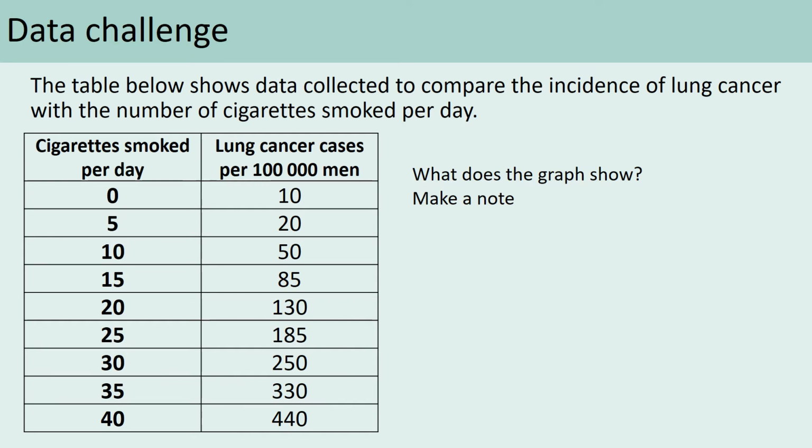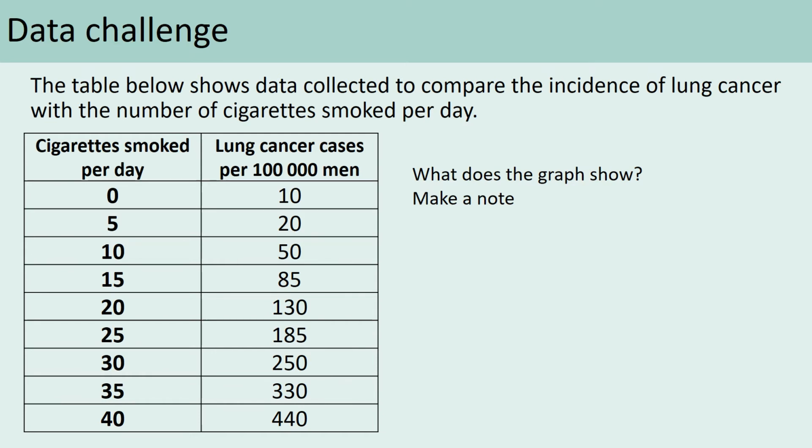Now, I asked you whether you think this is a causal relationship. Is it that cigarettes are causing the lung cancer? And the answer in this case is yes. We as scientists know that there are many carcinogens in cigarettes, so that is what is having an effect on the number of lung cancer cases.